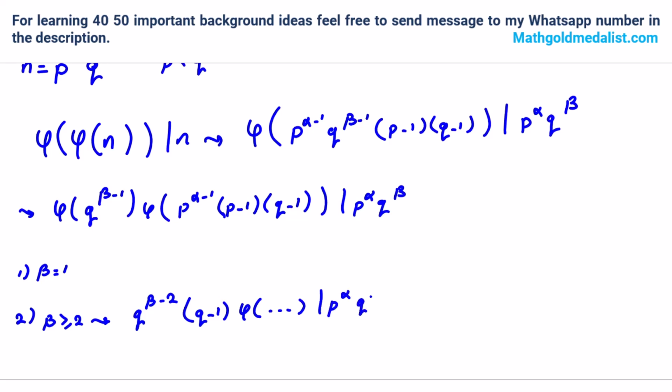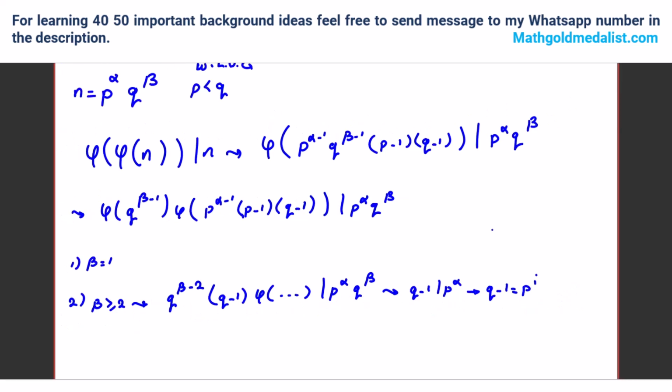Yes. So Q minus 1 divides P to the alpha, right? So Q minus 1 is P to the i, right? So what can we say? Q is P to the i plus 1, right?